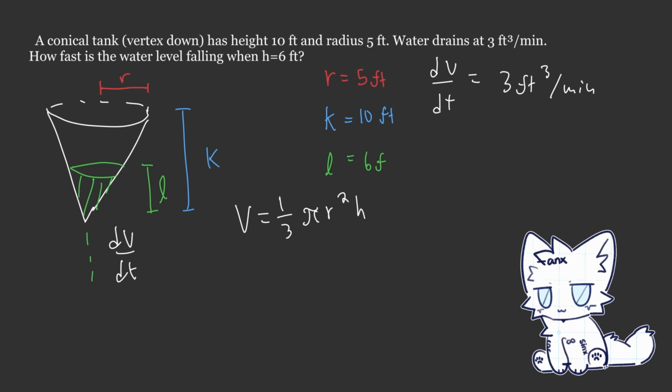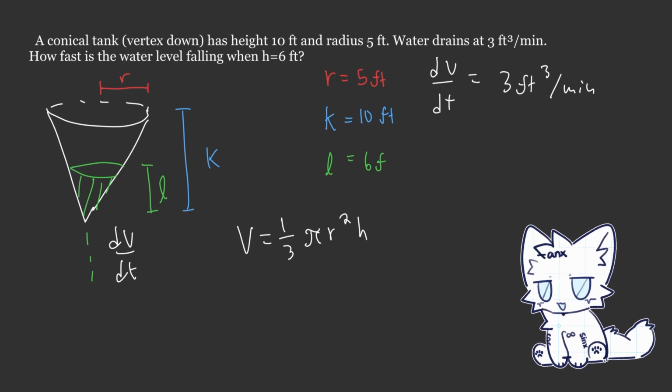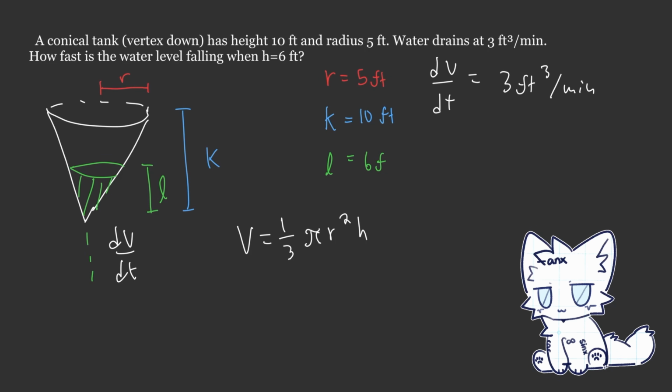Given this, we can actually try out with solving. So we need to find what the rate of change of the height of the water is when the height is 6.